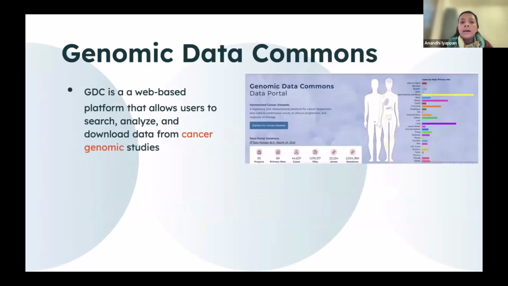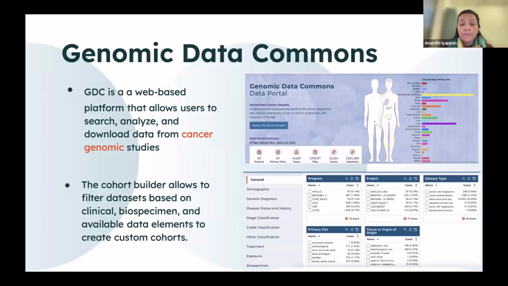The next database is Genomic Data Commons, shortly called GDC. This is also a platform that allowed researchers to search, analyze, and download cancer genomic data. The data portal had a very interactive web interface, which had anatomical information about a human, and also the different organs and tissues from which the data sets were generated, the kind of genetic information, mutation-based information, and it also consists of data coming from across 83 projects.